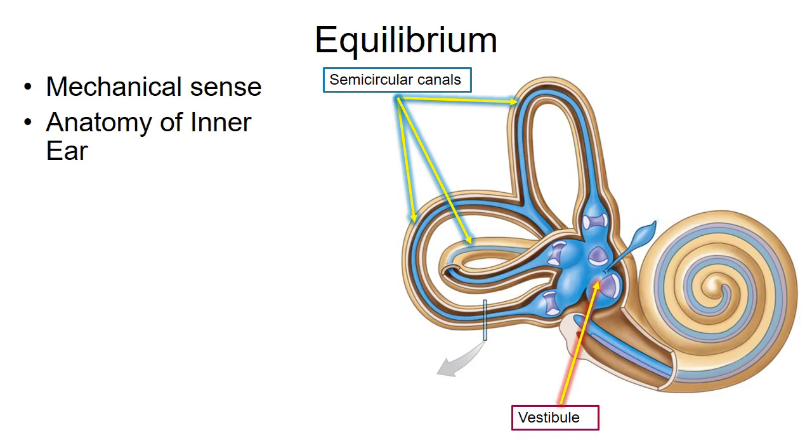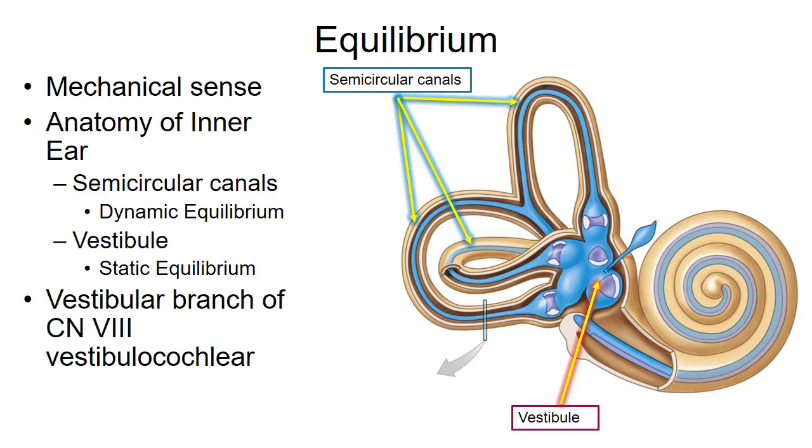All right, and so here we're going to leave the cochlea behind and focus on two other structures of the inner ear, vestibule and the semicircular canals. All right, so here, this is going to be mechanical senses that go on to maintain equilibrium, and there's really the two structures. The vestibules do static or linear acceleration, static equilibrium, and then semicircular canals are going to be involved with dynamic equilibrium or angular types of acceleration.